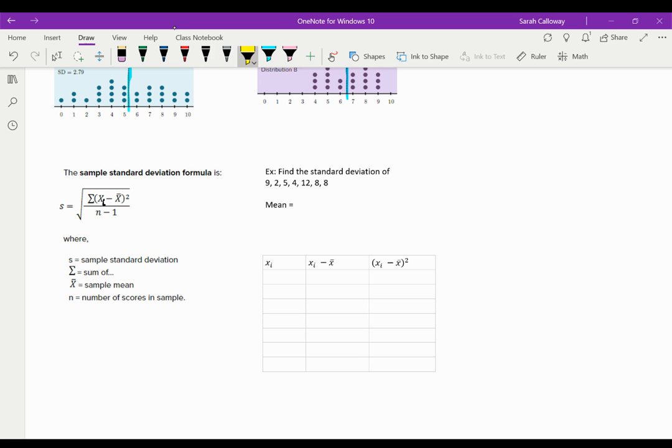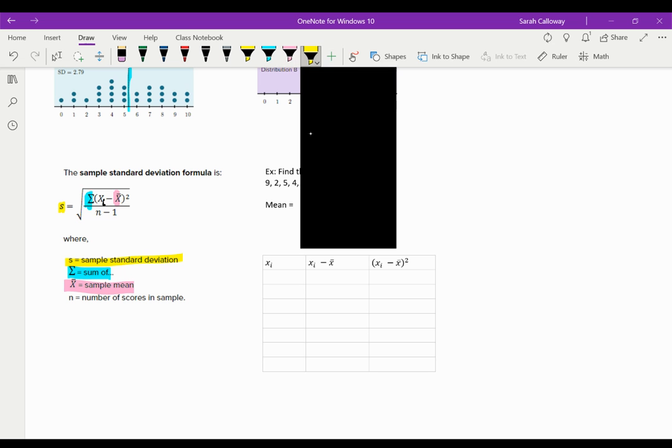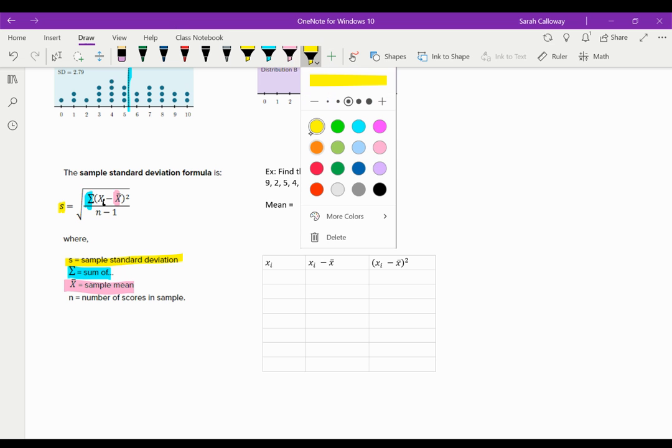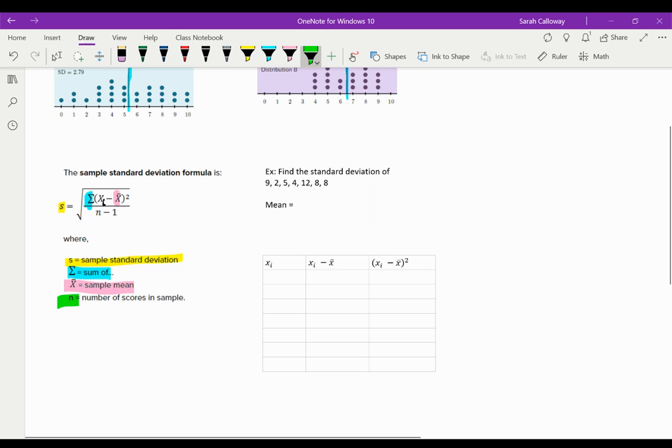So if we're looking at these things, S is the sample standard deviation. The uppercase sigma represents the sum of. And then X bar, remember, is our sample mean. And I need to add a different highlighter color. Let's do green. And N is the number of data points in the sample.